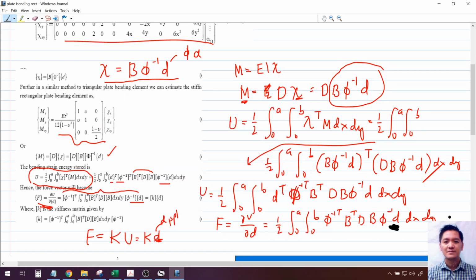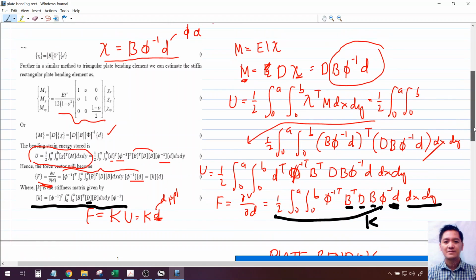Therefore, what remains is our K. Okay, therefore, ito, yan is your K, which is this. Phi inverse transpose, double integral, B transpose, D, B, dx dy, phi inverse.